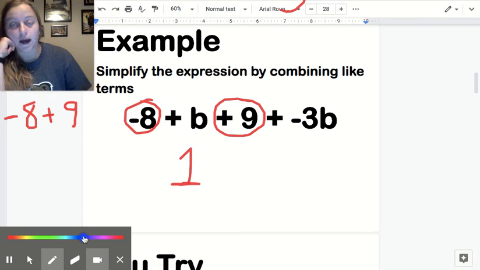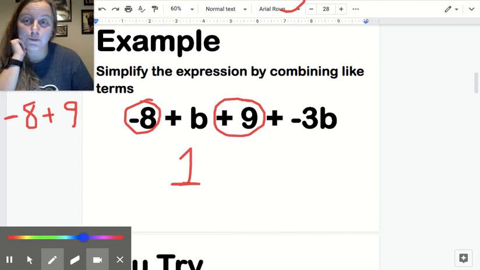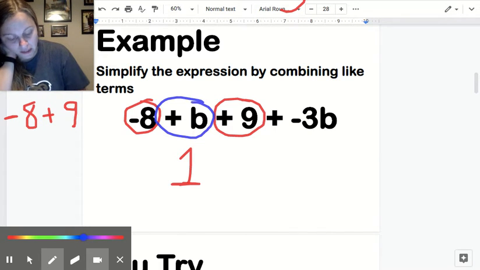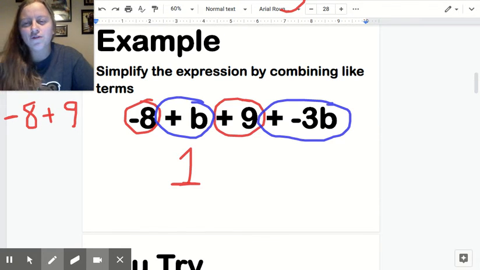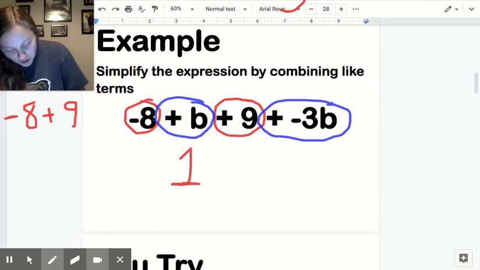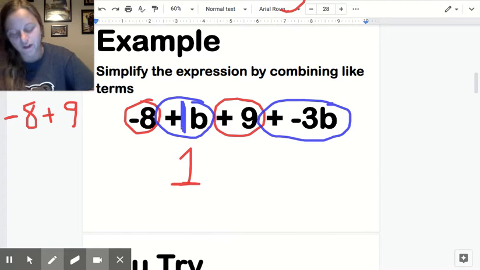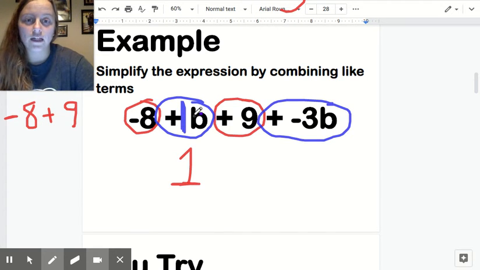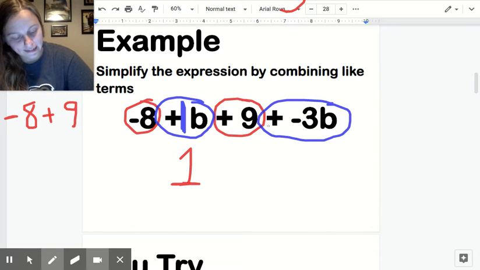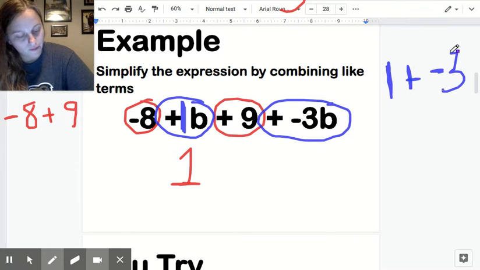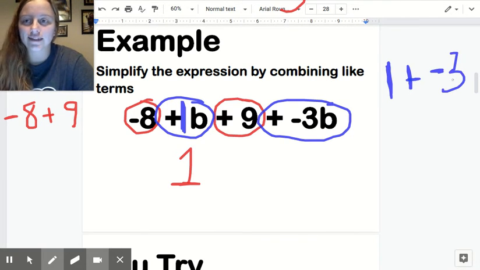Now I'm ready to combine my b's. I have a positive b plus -3b. Remember, if a variable is by itself, it just means that there's an invisible 1 in front of it. That really says 1b plus -3b's. So what I can do over to the side is I can say 1 plus -3.